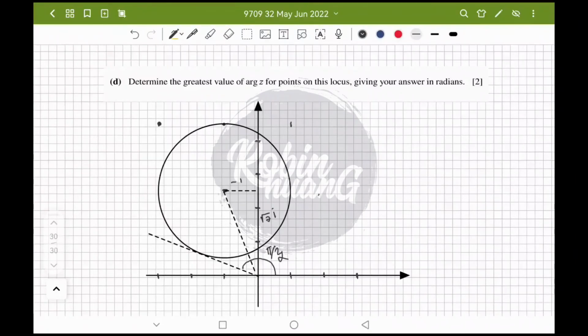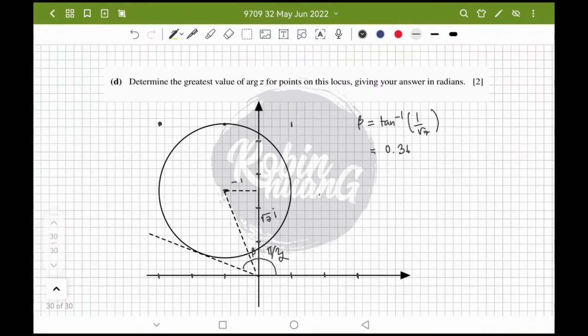Let's say this is beta, so beta is arctangent of 1 over square root of 7, which would be 0.36137 radians.